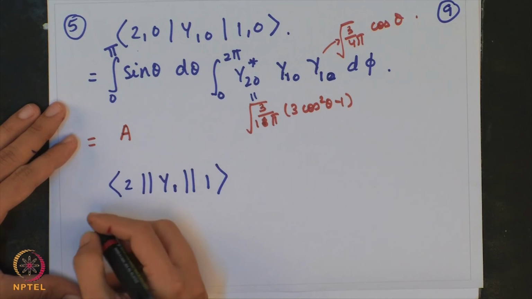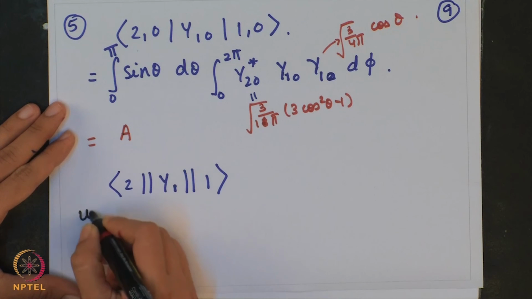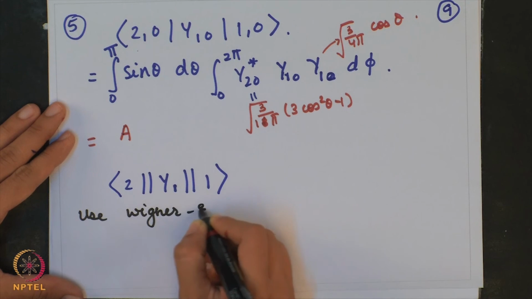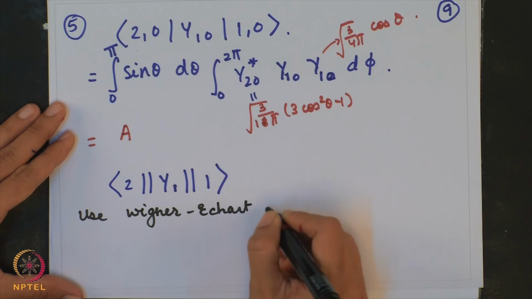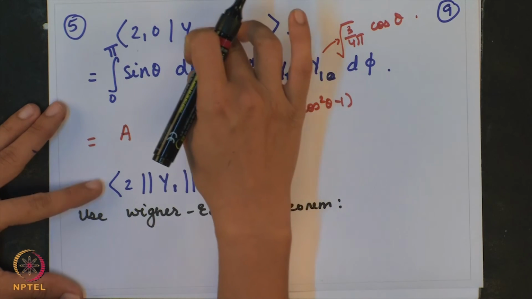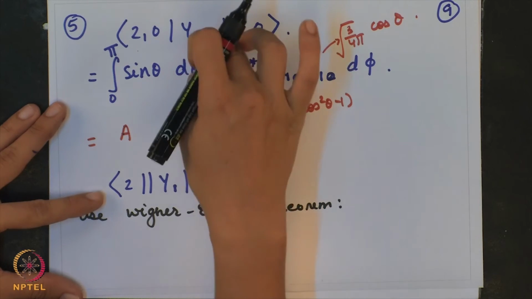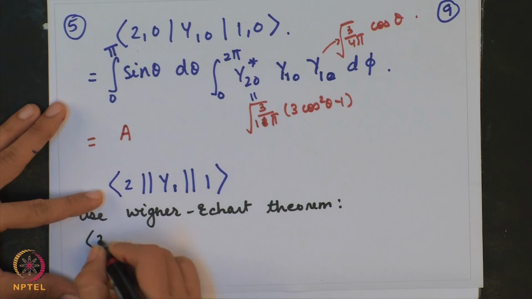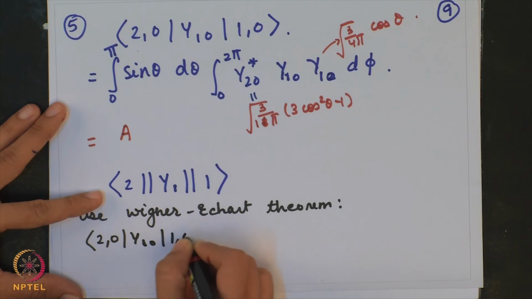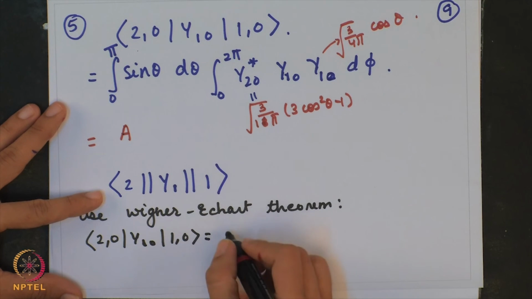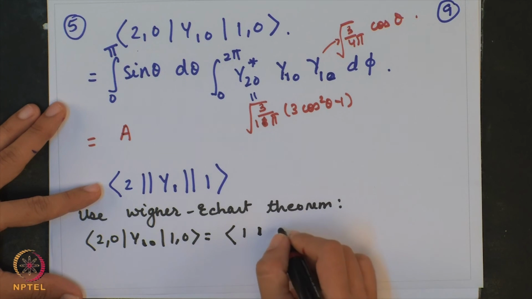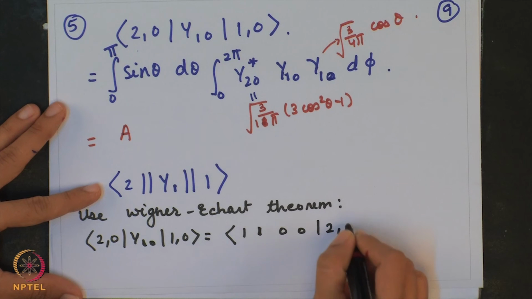So, using Wigner-Eckart theorem you can rewrite this as <2 1|...|1 0 1 0>. I am directly writing the relevant terms, okay.